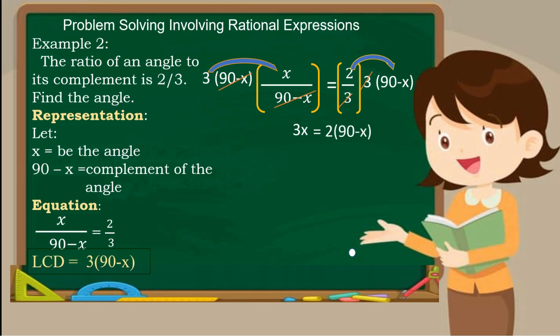So, that's equals 2 times quantity 90 minus x. Okay. Moving on. 3x equals, let's distribute this. Multiply. 2 times 90 is 180. 2 times negative x is negative 2x. Alright? Now, let's solve for x.